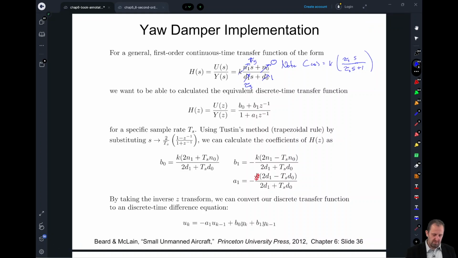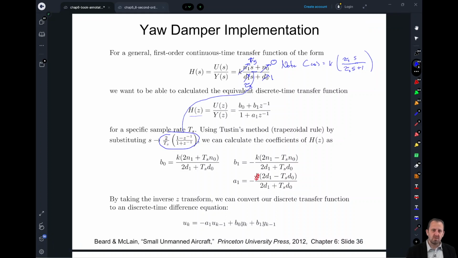Okay, so we want to be able to calculate the equivalent discrete time transfer function. Again, we use the trapezoidal rule, and all we're doing is we put in s every time we see s, and the goal is to get some H of z.